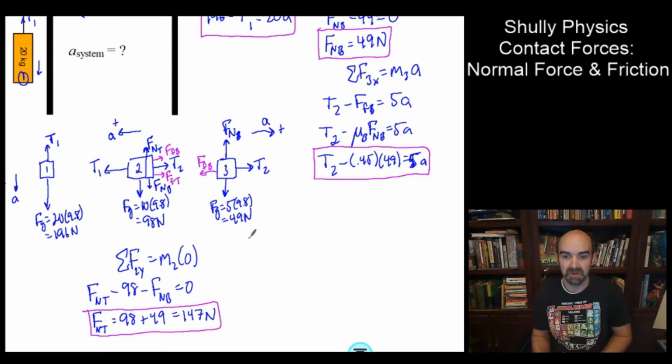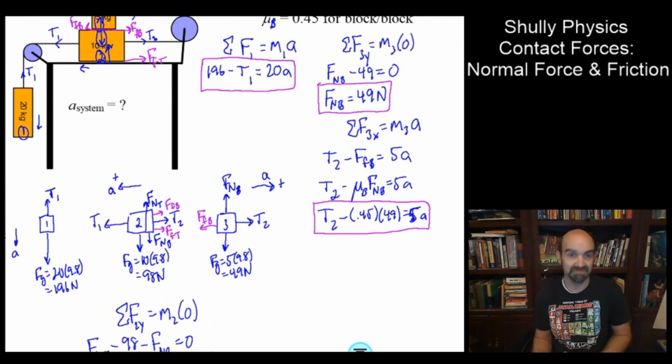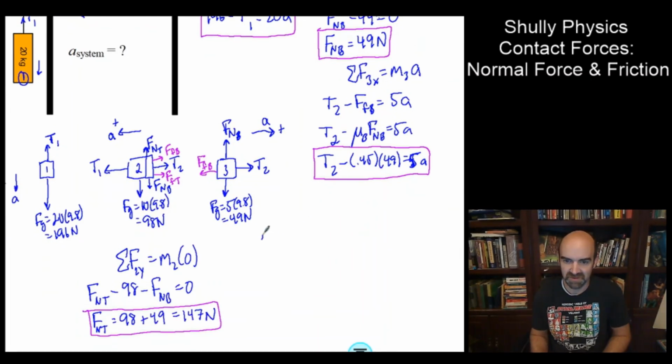And what might be our final piece here that links everything together is, not surprisingly, the one in the middle that links everything together. So this should be our last sum of the forces of 2 in the x direction equals mass 2 times A. So it's going to accelerate to the left, hopefully. It looks like all the numbers are working out so far.